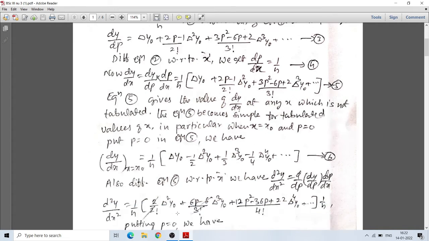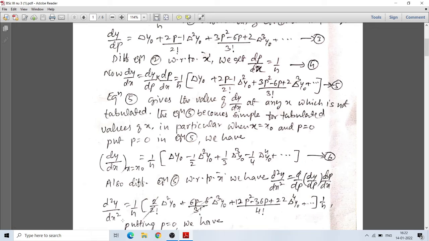plus and so on. Also differentiate equation 5 with respect to x. On the left hand side, dy by dx differentiated gives d square y by dx square. So 1 over h as it is. Now delta y naught is a constant, so its differentiation with respect to x is 0. Then next it is 2p minus 1. Differentiating equation 5 with respect to x, d square y by dx square is d by dp of dy by dp times dp by dx.